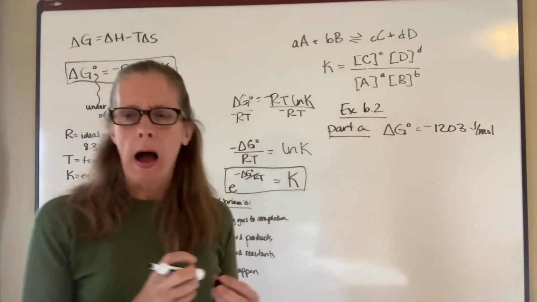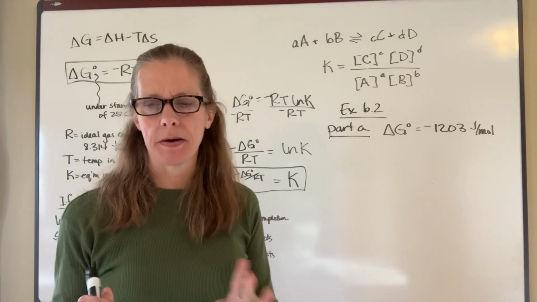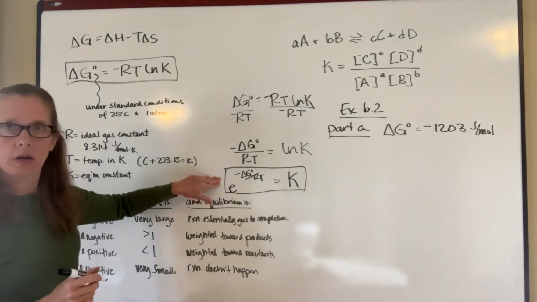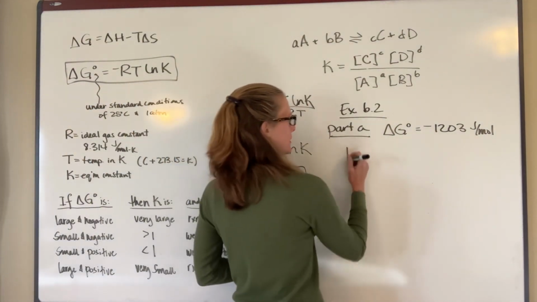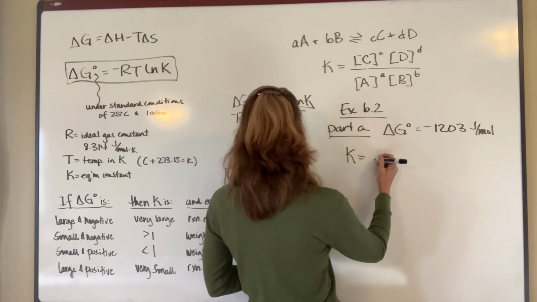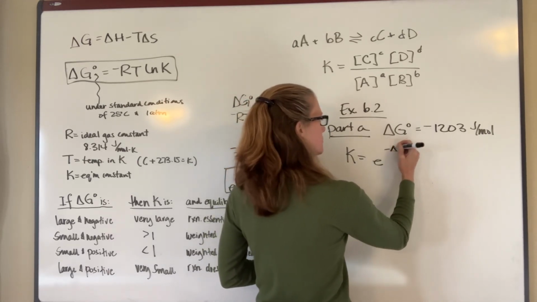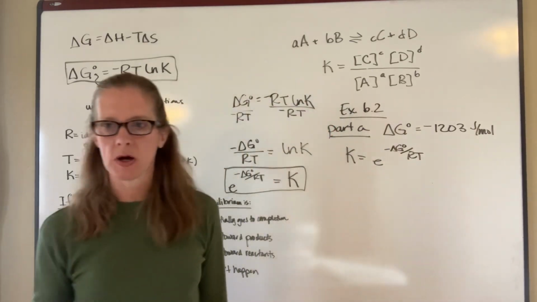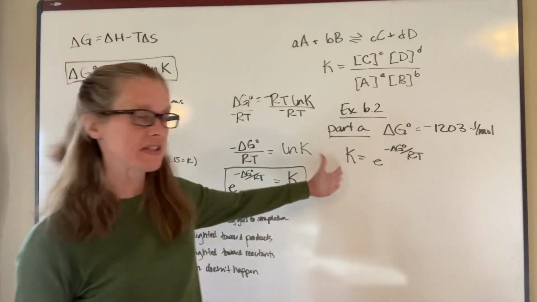Okay, now I want to solve for K, so this is the equation that I'm going to use: K equals e to the negative delta G over RT. Okay, that's the equation I'm going to use, so I'm going to plug these numbers in.